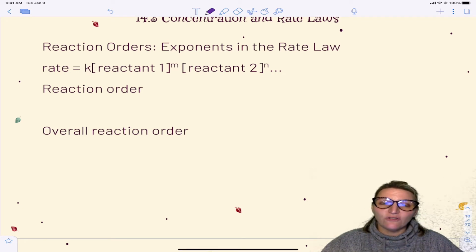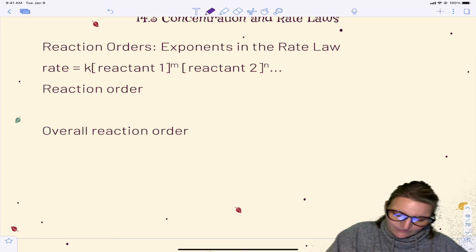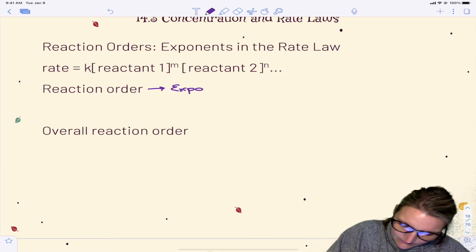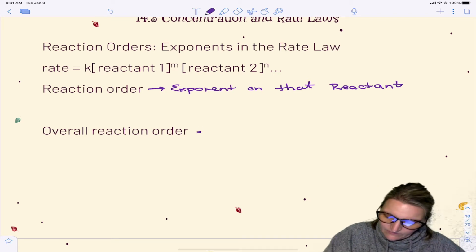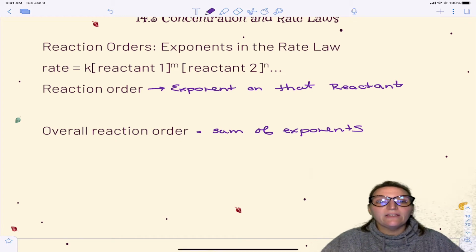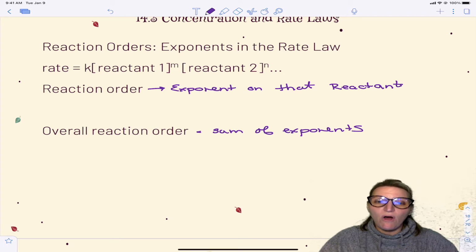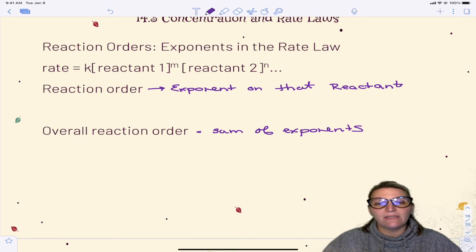If I say the reaction order with respect to O2 is 3, that means the exponent on O2 is 3. And what is the overall reaction order? All that means is the sum of the exponents. You just add them up.